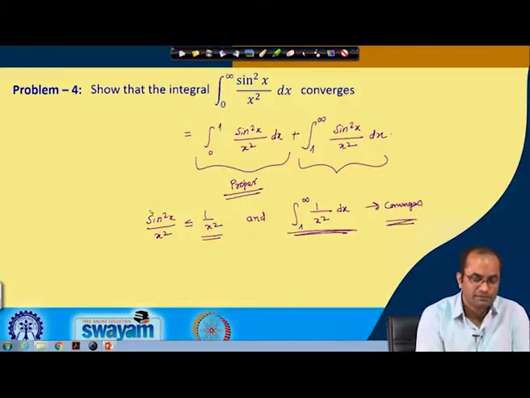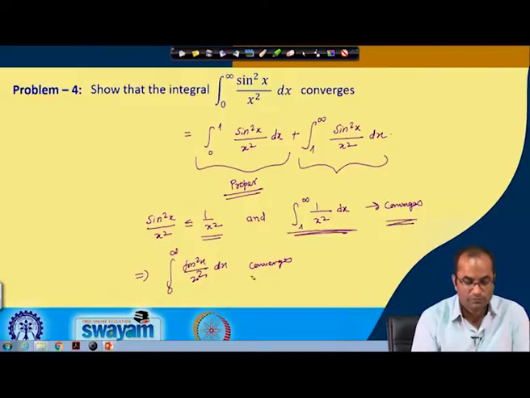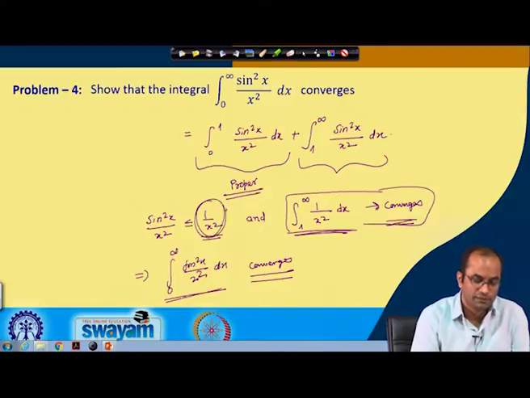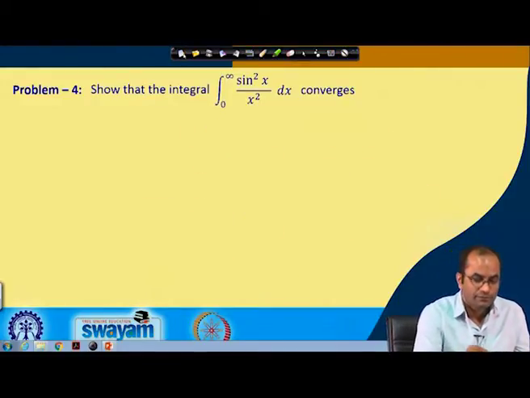So, by comparison test we know that this integral sin square x over x square dx from 0 to infinity will also converge, based on this test integral 1 over x square 1 to infinity dx, which converges. So, here this was the dominating integral. So, naturally this will also converge. So, we will take another example now.